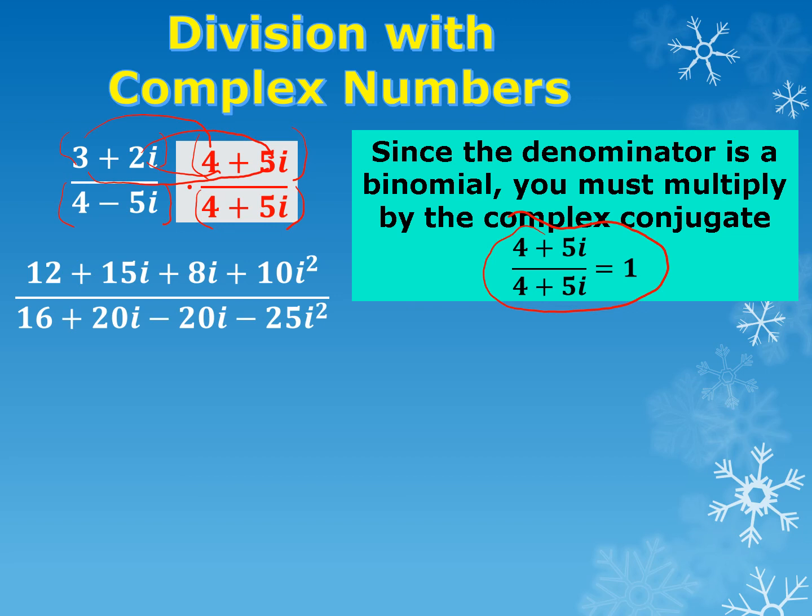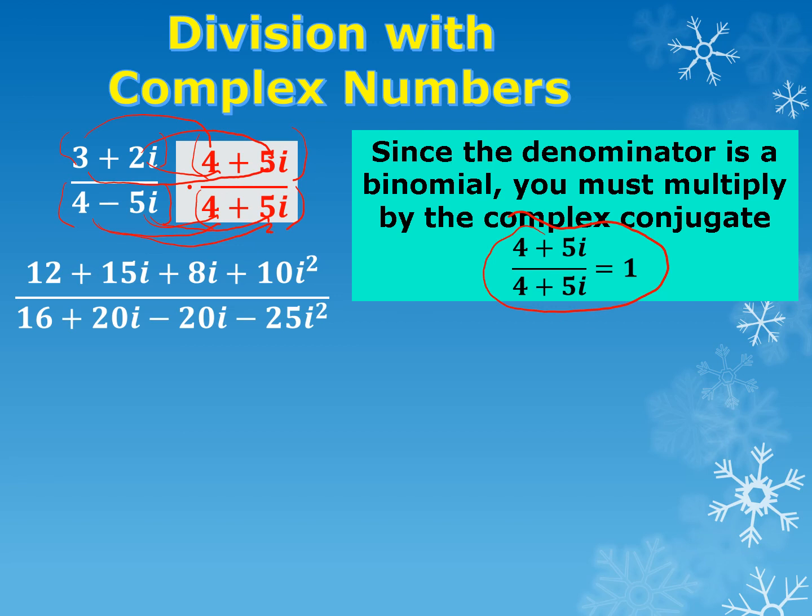Then we did the bottom. 4 times 4 is 16, 4 times 5i is 20i, negative 5i times 4 is negative 20i, and then negative 5i times 5i is 25i squared.